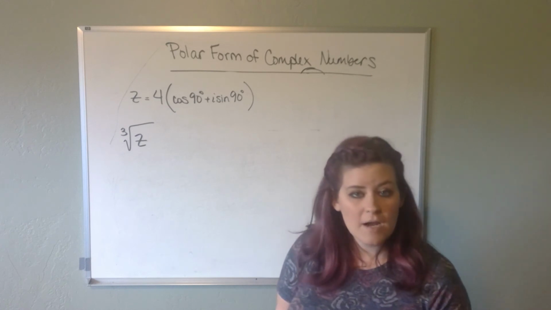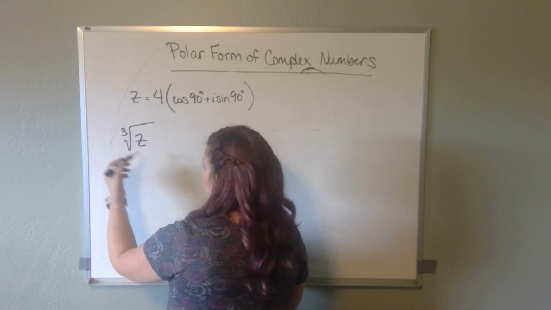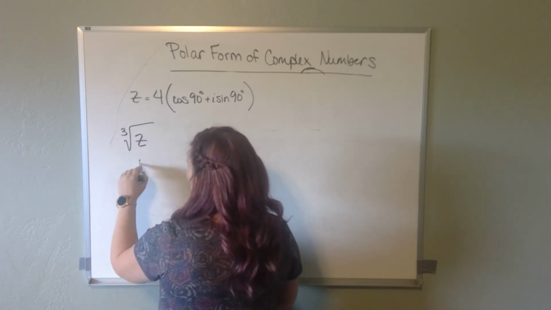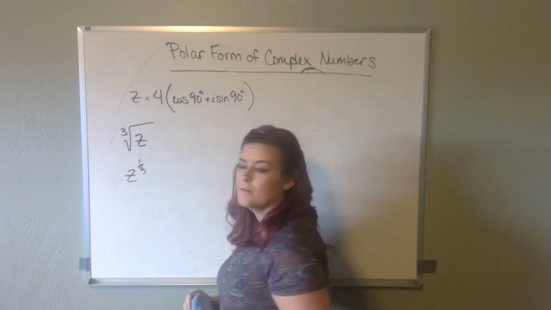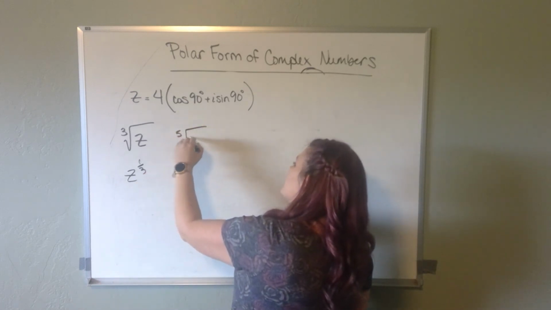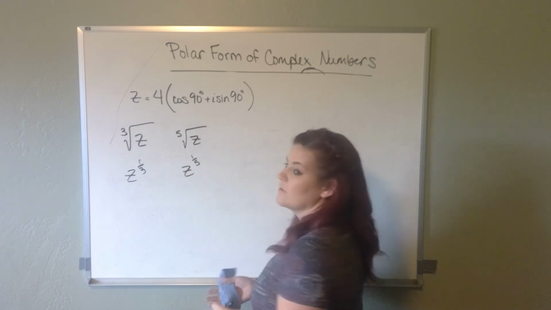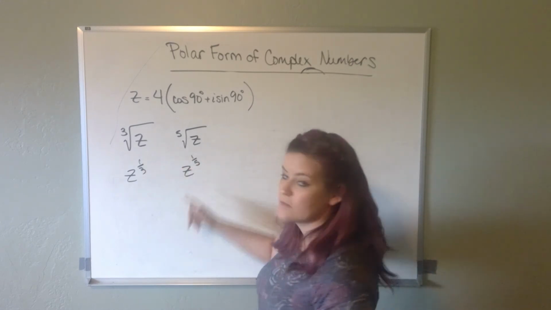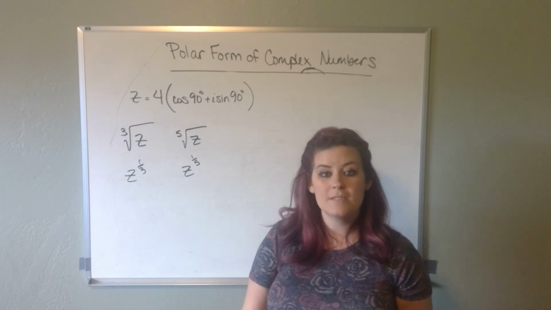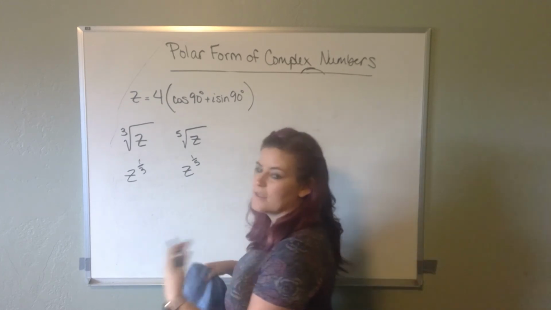You might not remember how to write roots as powers, but another way to write the cube root, or the third root, is z to the 1/3. Another example, if you have the fifth root of something, you could write it as z to the 1/5. So a fraction power is really just a root, and that's how Alex uses that notation with the fraction powers. So I'm going to try to do that also.